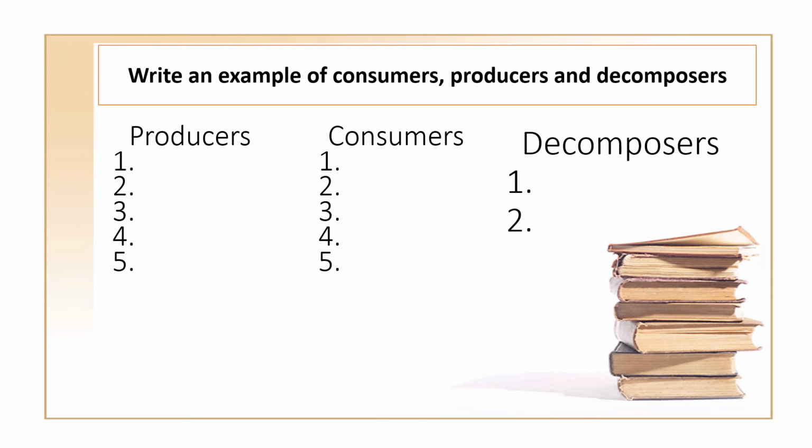And then consumers, write any animals that can eat what you wrote on the column of producers. And the decomposers, I gave you an example already, such as mushroom, fungi, insects, and others. Okay, class? So that's all for your activity.